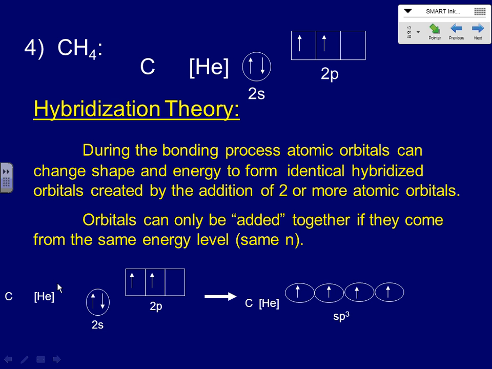If we look at the angles in the atomic orbitals for carbon, we'll see that there are 2 unpaired electrons, and they should be 90 degrees to each other, because our p orbitals are all 90 degrees to each other.